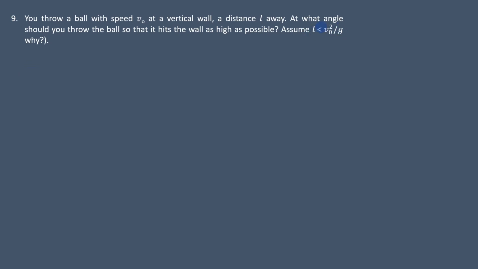If the ball is to reach the wall, the time to the wall is x equals V0x t, and the distance L away equals V0x t. We can substitute V0x by V0 cos θ times t, so we get t equals L divided by V0 cos θ. We save it.